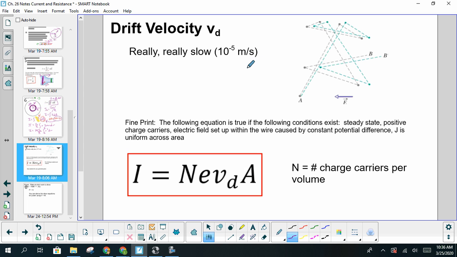So a question that I like to ask at this point would be, if you flip on a light switch, why does your light come on so quickly? Like, it's instantaneous. You can't even tell the difference. It is not because the charges move really fast. They don't. They move actually very slow. The field in the wires that causes all of the charges to move happens instantaneously when you flip on that light switch.